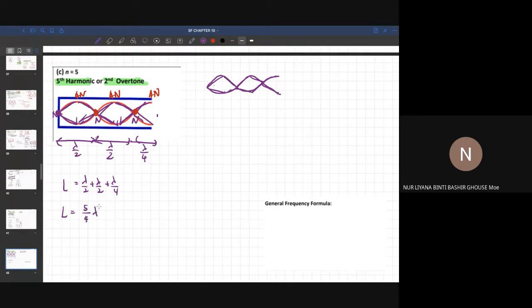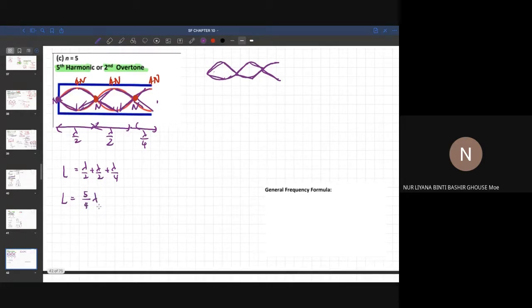Again kita nak equation lambda, kita bukan nak equation L. Kita nak equation lambda. So lambda is going to equals to 4L bahagi dengan 5. This is the equation untuk lambda. Now that we have the lambda, baru kita boleh cari frequency, which is V is equals to F lambda.